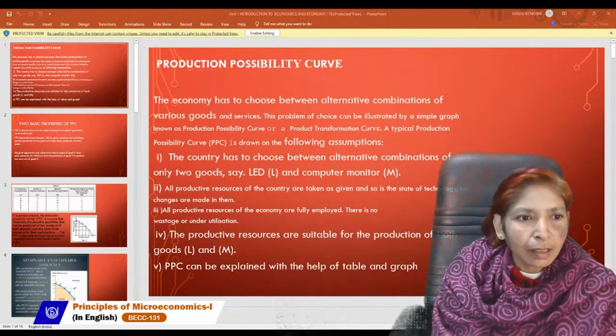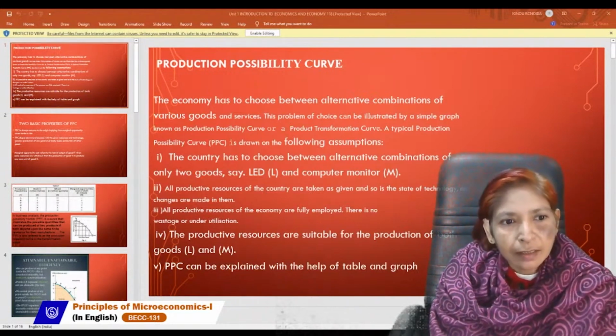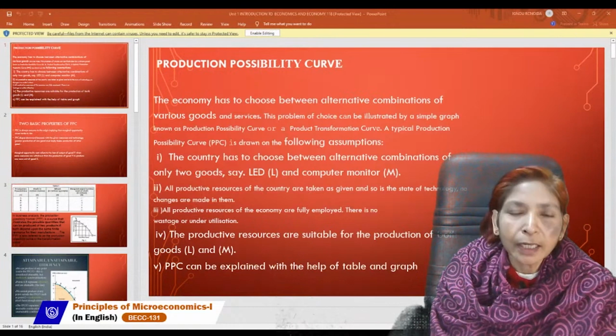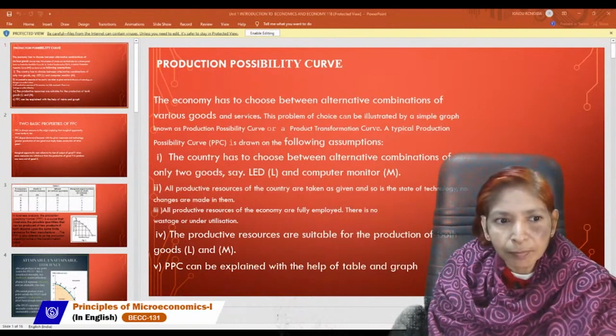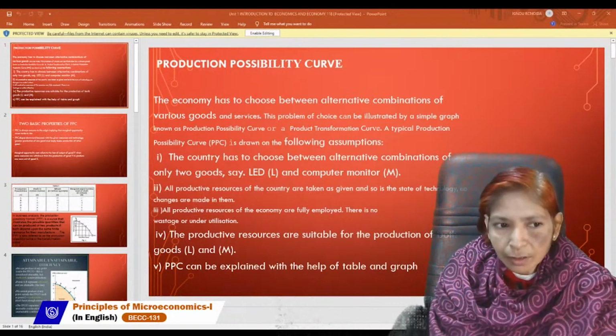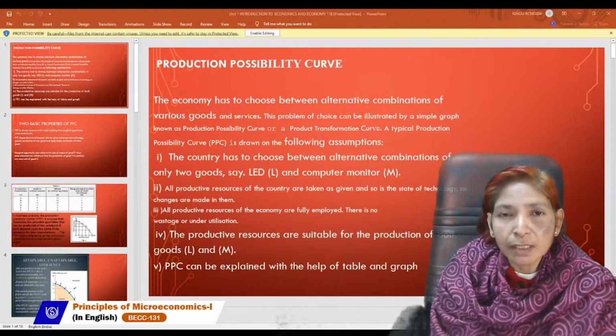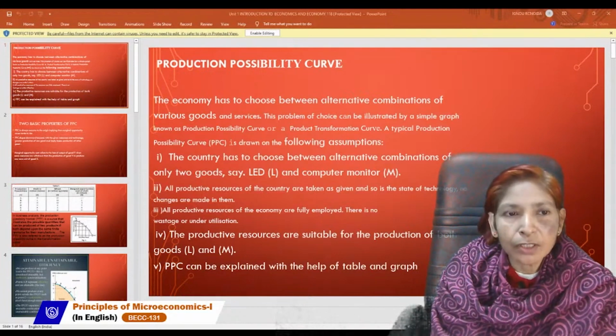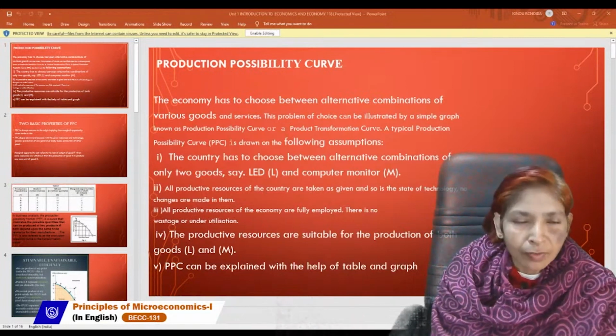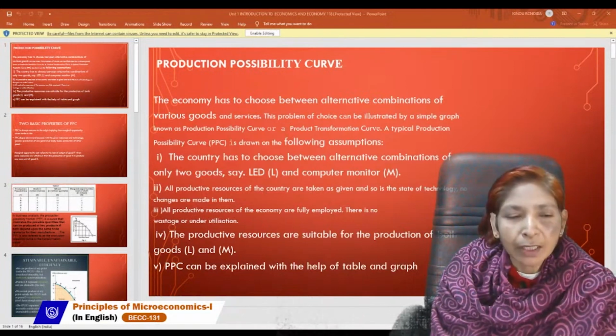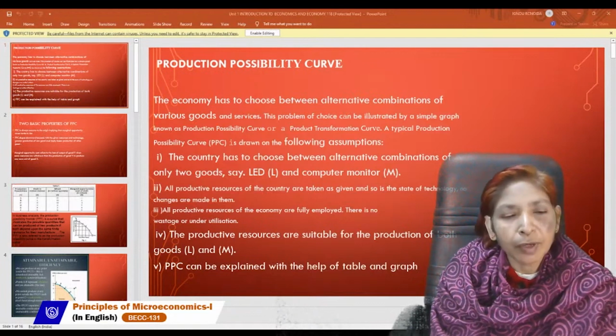Third point is microeconomics provides information relating to individual prices, individual consumption, and individual production, because microeconomics deals with individual units of the economy. That's why under microeconomics we study only individual price.